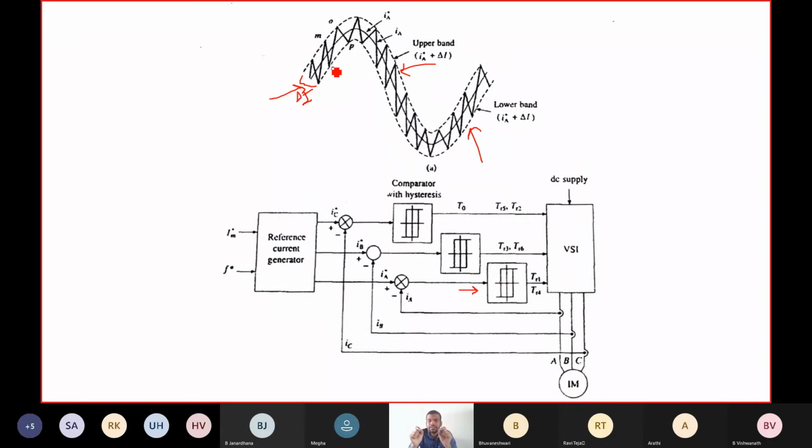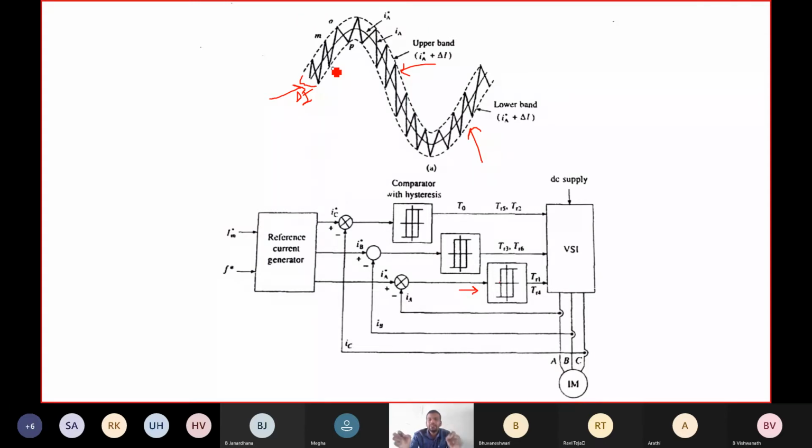Normally, in the previous study, we studied that the voltage source inverter is fed with different voltage sources. But here the voltage source inverter is fed with current regulated sources. Here I am considering the first phase A; you can consider phase B and phase C also.